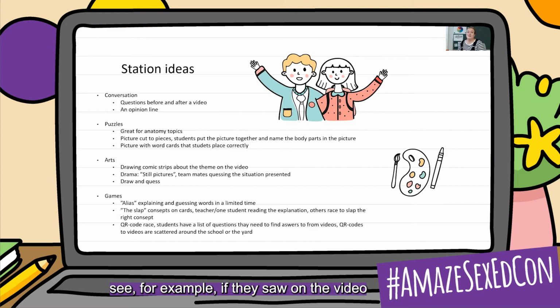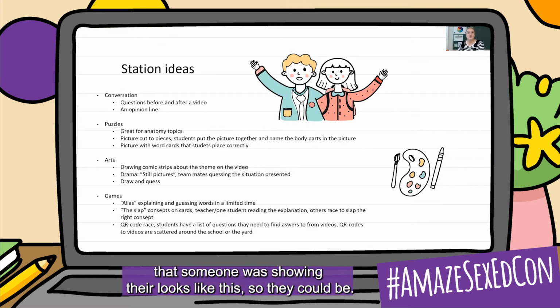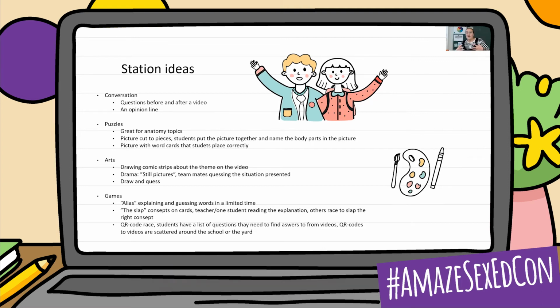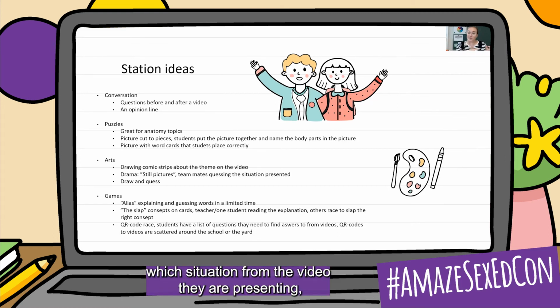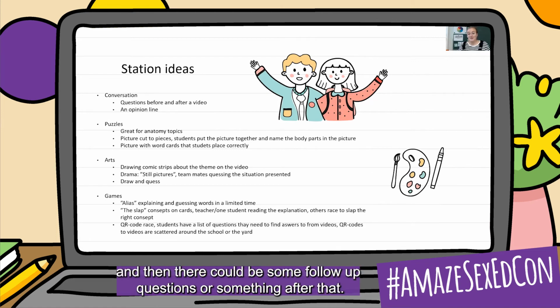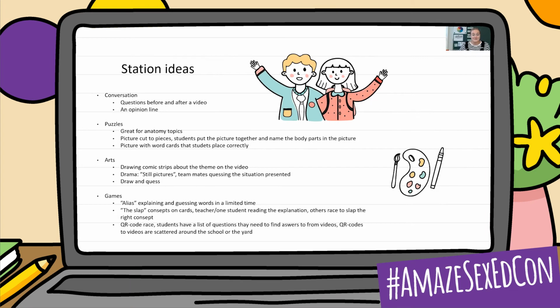For example, if they saw in the video that someone was showing their boobs like this, they could do a still picture like that, and then the other teammates guess which situation from the video they are presenting, and then there could be some follow-up questions after that.